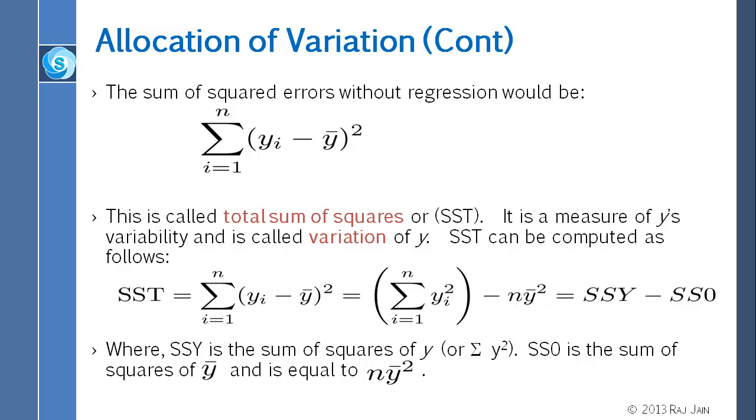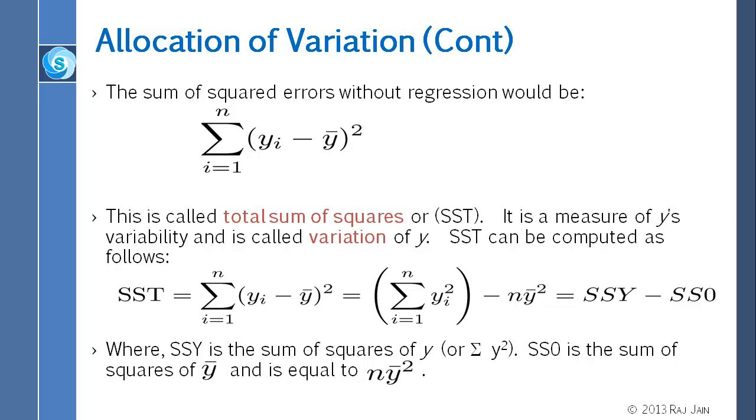So right now, this thing, y minus y bar whole square, can be written into 2 parts: sum of y squared minus n times y bar square, and so this is called sum of squares of y, SSY. This is called SST, sum of squares total, which consists of 2 parts: sum of squares y and sum of squares 0.